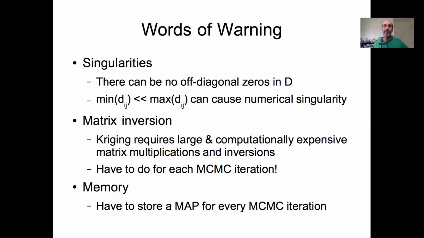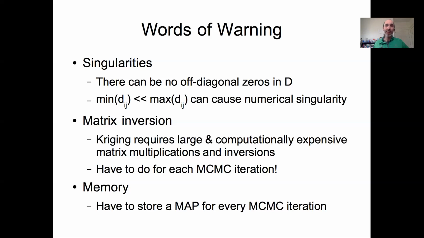Another way of putting that, if I double the size of my spatial covariance matrix, I double the number of points in it, the time it takes to invert that matrix does not double. It goes up 2 to the 3rd, or it goes up a factor of 8. So every time you double the size of a spatial covariance matrix, the time it takes to invert it goes up a factor of 8.